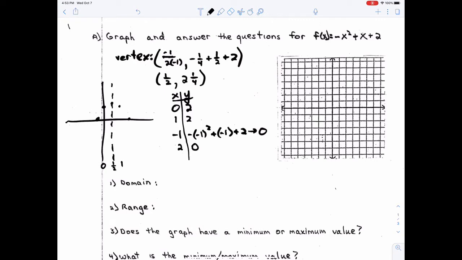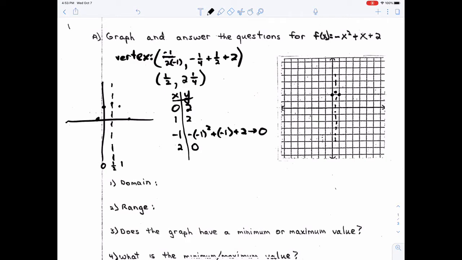All right, we'll just go by ones here. We have 1/2, comma 2 1/4. Just do the best you can. In my case, it isn't very good, apparently. We have 0, comma 2, and its symmetrical point is 1, comma 2. Remember your axis of symmetry is here.